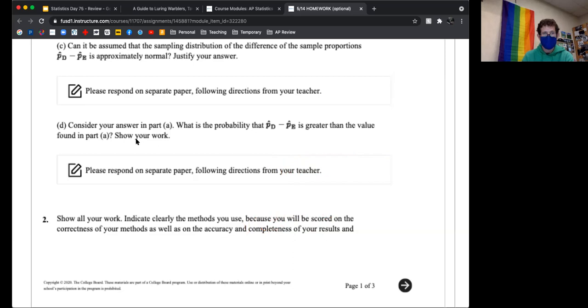Now, if any of this didn't make sense, I would love to go over it in more detail, especially those of you who are doing the AP test. I am available every day before and after school.